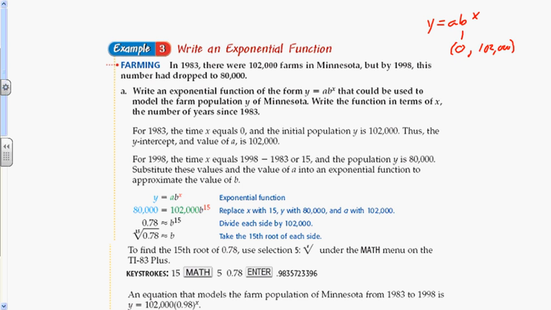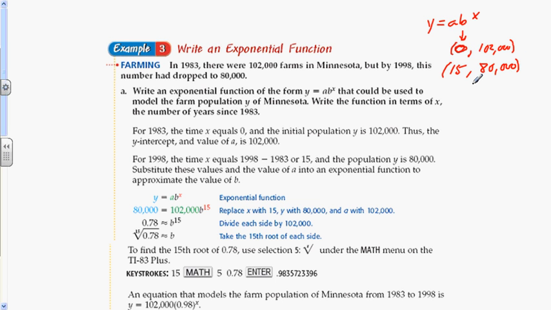I put a 0 here because this function is going to be with respect to years since 1983. So our first point of data is going to be 1983, but that's considered 0. And at that time, there's 102,000 farms. And then in 1998, which is 15 years later, they had 80,000.